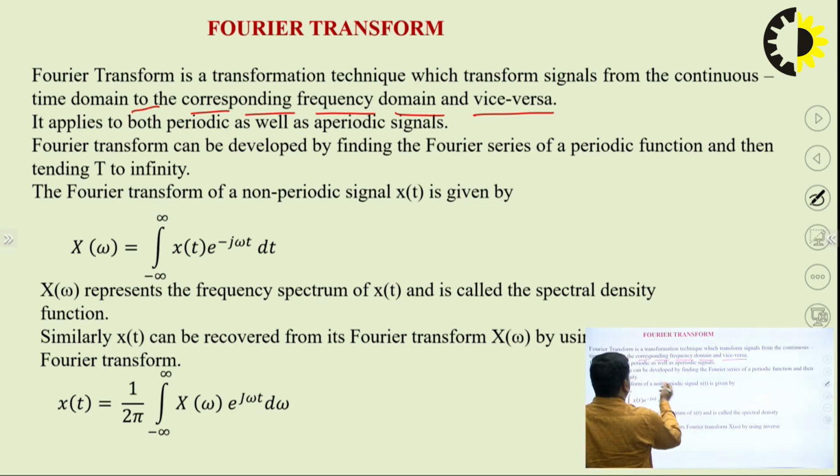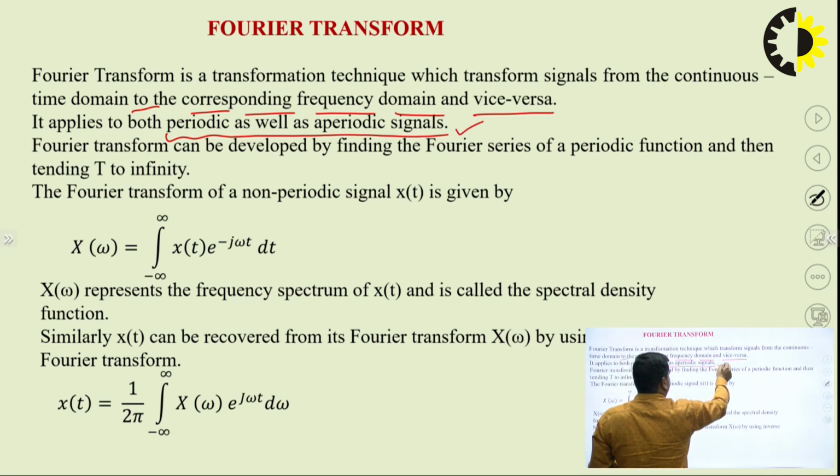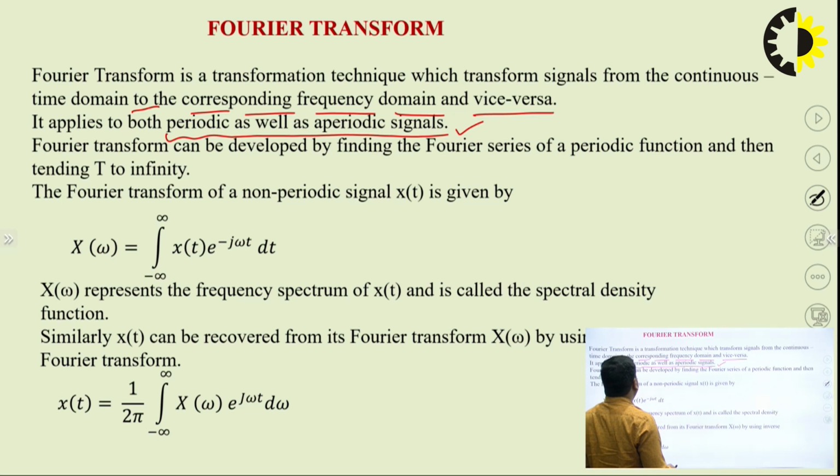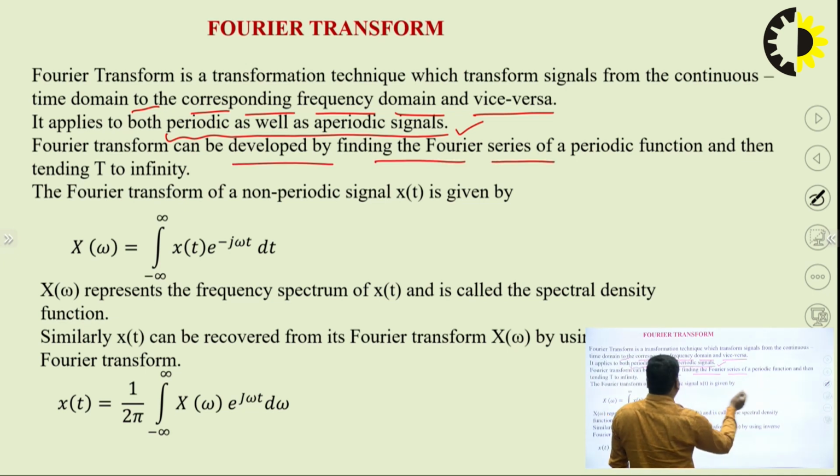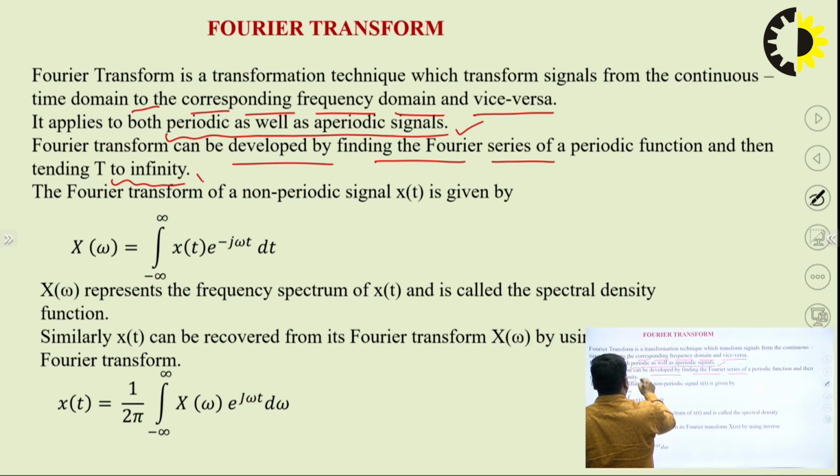It applies to both periodic as well as aperiodic signals. That is the main important thing. As we see, the Fourier series expression applies only to periodic signals, but here we can work with periodic as well as aperiodic, non-periodic signals. The Fourier transform can be developed by finding the Fourier series of a periodic function and then letting T tend to infinity.